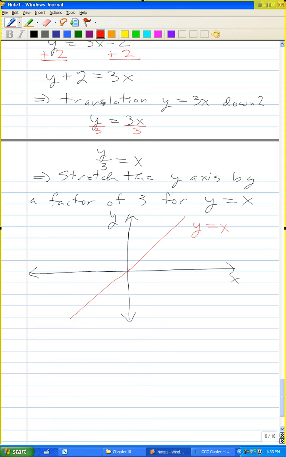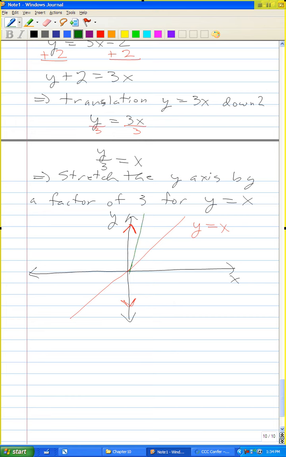Now I'm going to stretch by a factor of 3. So if I went 1 unit, now I'm going to go 3 units. So instead of going over 1 up 1, I'm going to go over 1 up 3, because this 1 here all of a sudden goes to 3. And so let's do green. Okay, so now it's going to be stretched by a factor of 3.